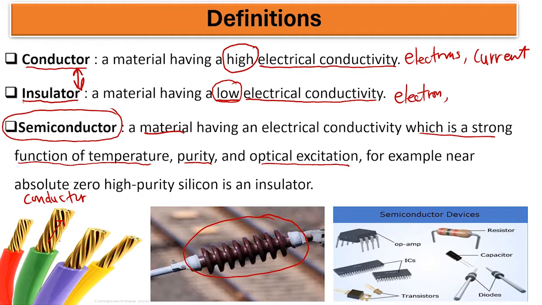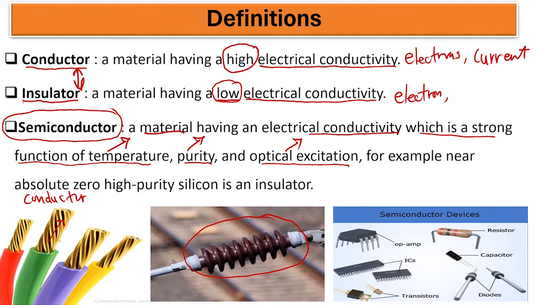For this electronics course, we will stick to this explanation, because everything is going to be centered on semiconductors. We are going to look at how temperature is going to affect it, how purity is going to affect it, and how optical excitation is also going to affect the semiconductor. So, as much as we know it is a material whose conductivity lies between conductor and insulator, we also have to understand that its electrical conductivity is a function of temperature, purity, and optical excitation.